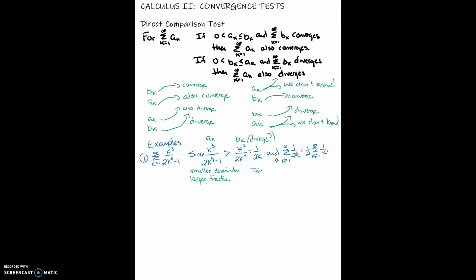This is a p-series. Specifically with p equal to 1. And when p is equal to 1, we know that this diverges. Yay, that's what we wanted, right? So, the b sub k's diverge, which means that my original series of a sub k's also diverge.